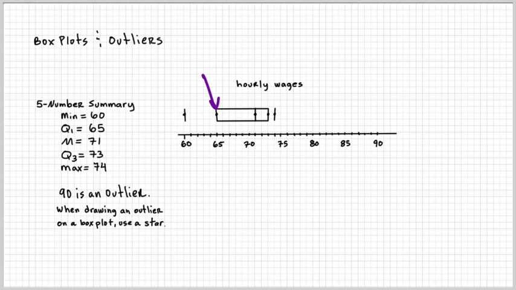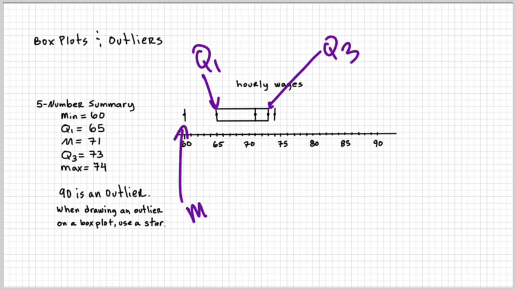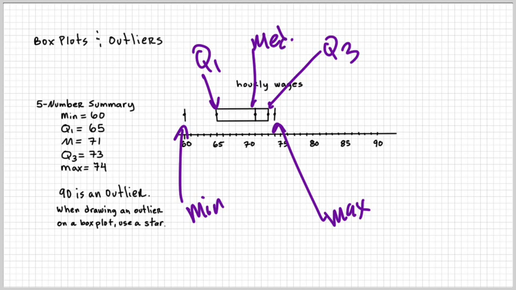You'll see over here, this is Q1. Right here is Q3. This is the min, and this is the max. So the box is between Q1 and Q3, and of course we have the median, all right?